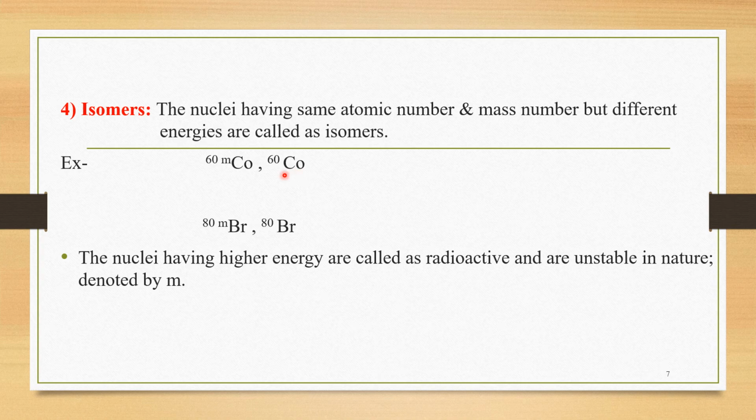So no doubt these two nuclei are made up from the same element having a similar mass number, but they have a different amount of energy, and so these nuclei are called the isomers of each other. So these are the four different types of nuclei depending upon the number of protons and number of neutrons.